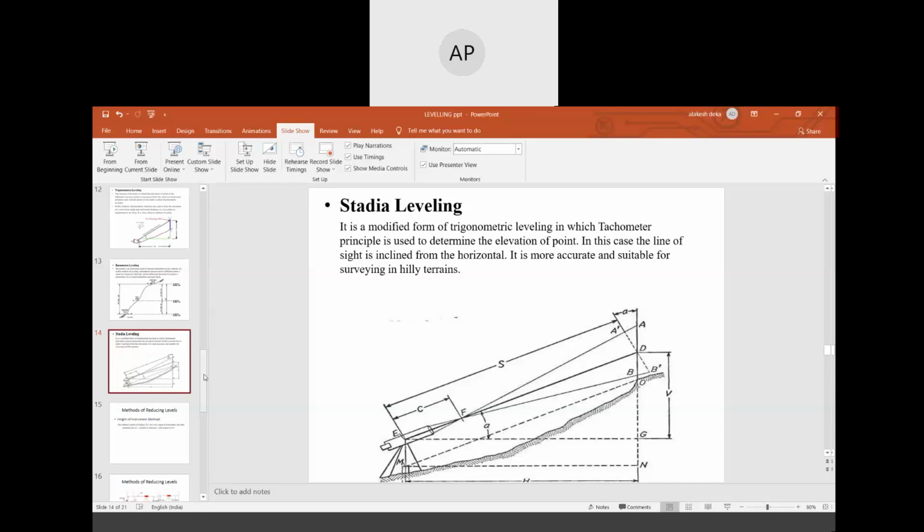I will share the notes. Okay, you can give your attendance, write your enrollment IDs in the chat box.